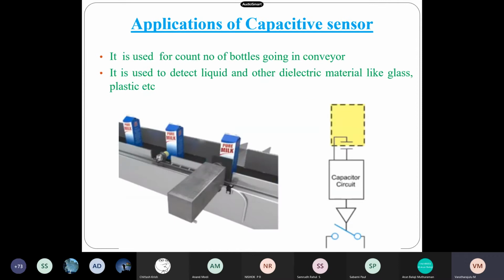When the object approaches the capacitor region, the area of this region will change, and based on that it actuates. We can see the actuation at this point, and based on that it will separate whether it has any liquid or milk or dielectric things, and that can be lifted down. This is one particular sequence.